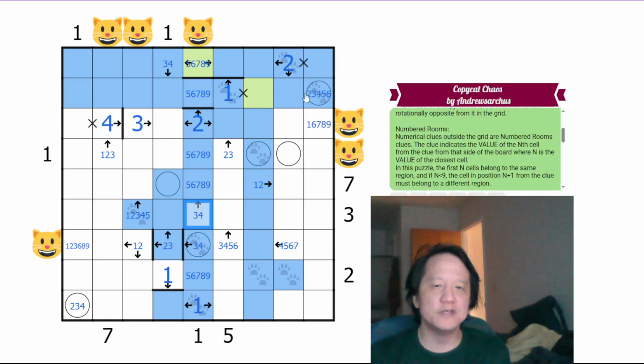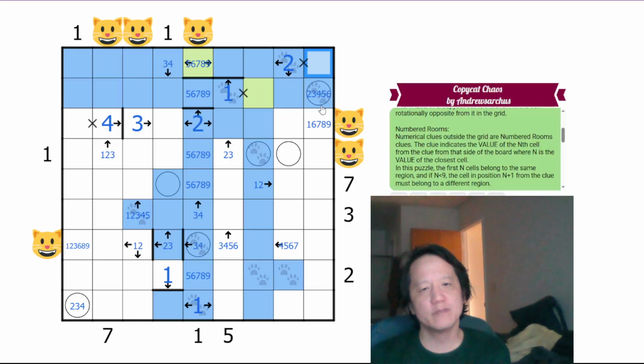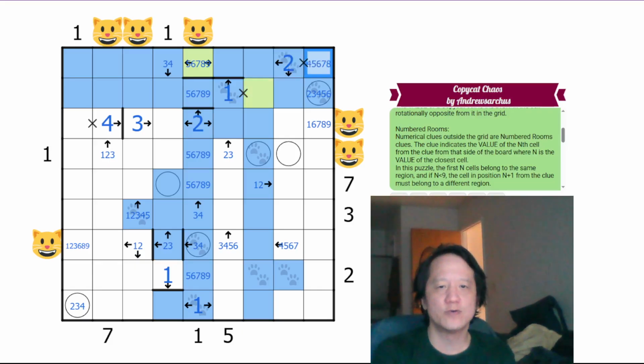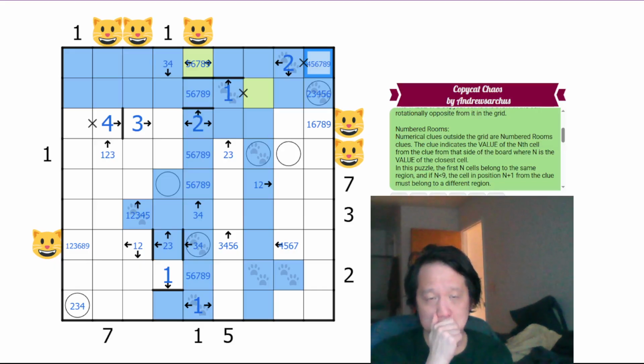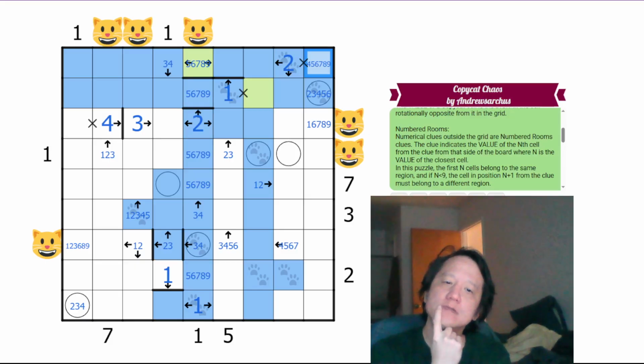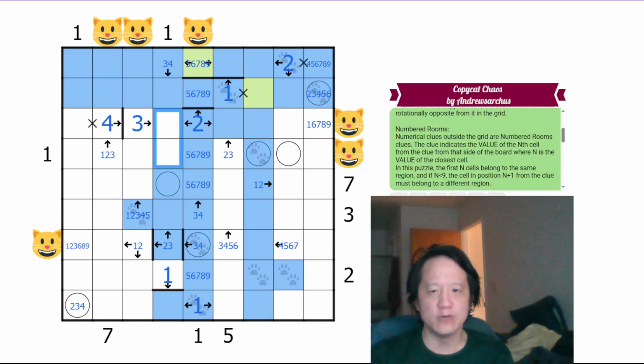We know this cannot be 3, because that would be 3 away from the copycat cell in the region. So this is 4 through 9. We know one of these has a value of 1.